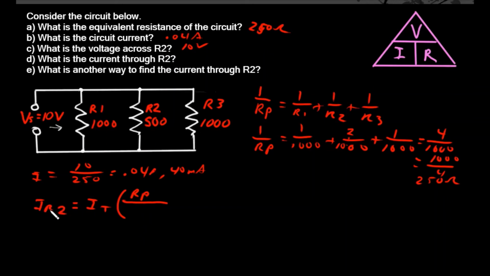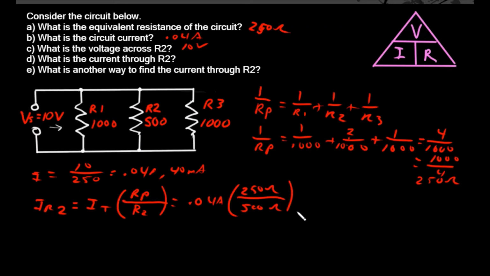We're trying to find the current through R2, so this is equal to I total, 0.04 amps, times the equivalent resistance, 250 ohms, divided by R2, which is 500 ohms.